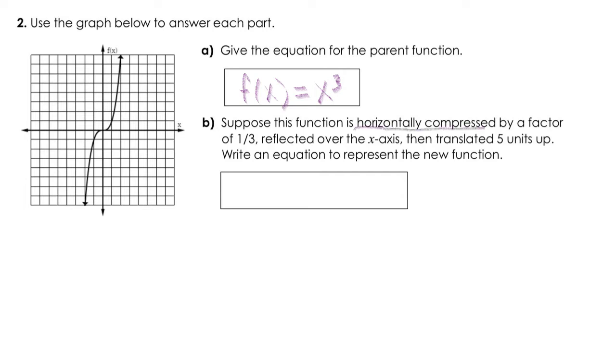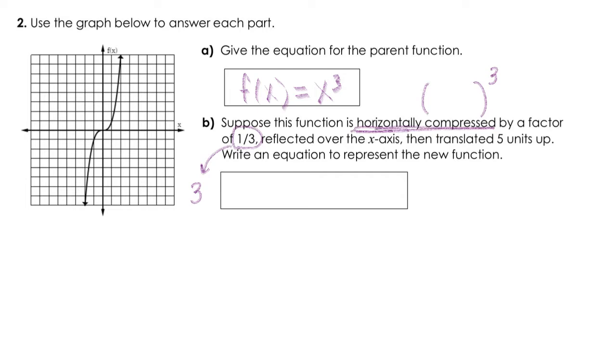Remember, if it says horizontally, that's going to be on the inside of our function with our exponent on the outside. And notice it says by a factor of 1/3. So originally that was 3. And we only do that when we talk about our horizontal dilations.